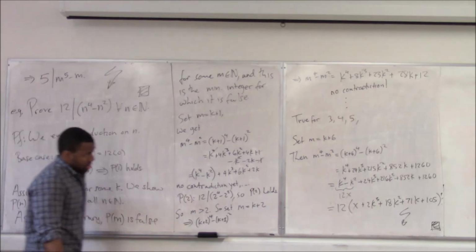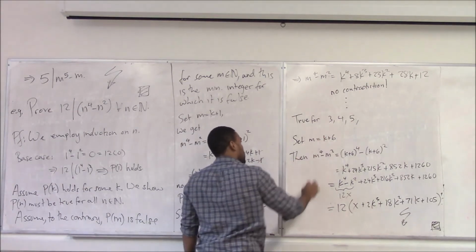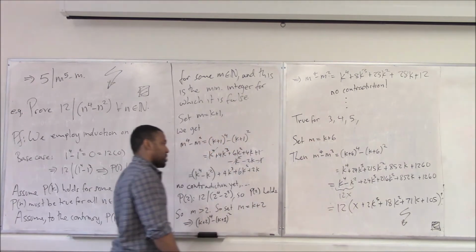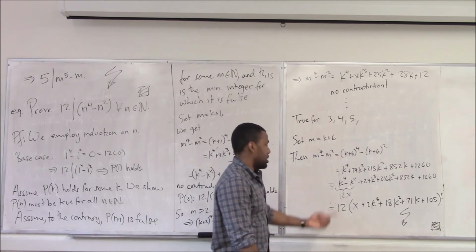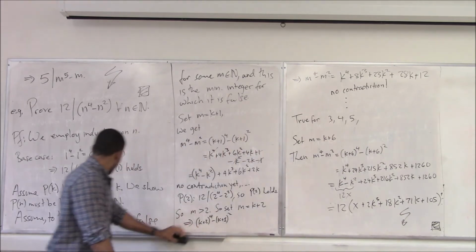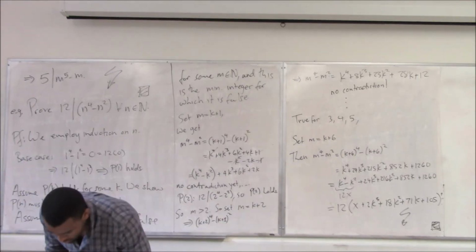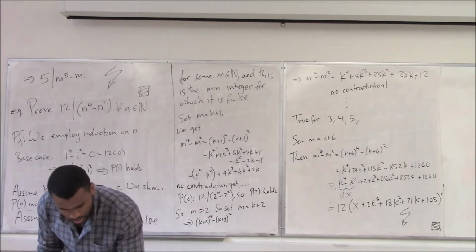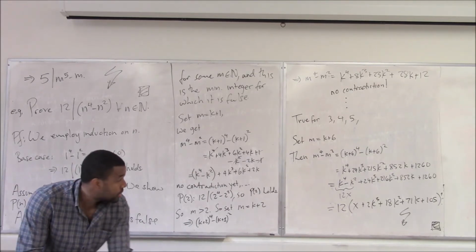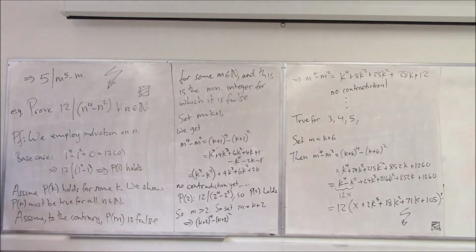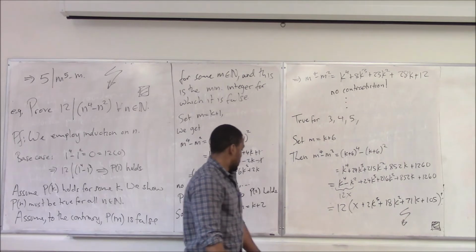So I know that it'll work for integers up to 5, but it turns out for the 6th integer, if I assume that was where the contradiction is, it ends up not being. So there's some examples of minimum counterexample.